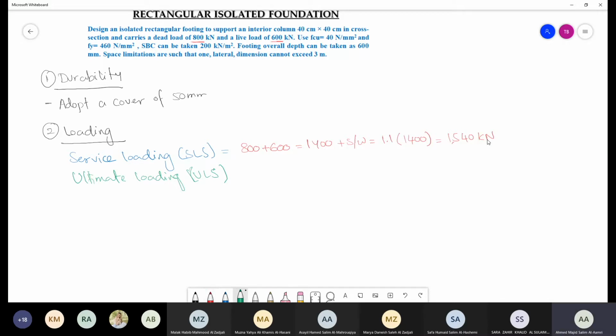And then my ultimate loading, which will be used for bending and area of reinforcement, is going to be 1.4, which is the factor of safety for the dead load, 800, plus 1.6 multiplied by 600. And we said while calculating for bending, we don't take into account the self weight, because the self weight has already been there before the bending occurs.